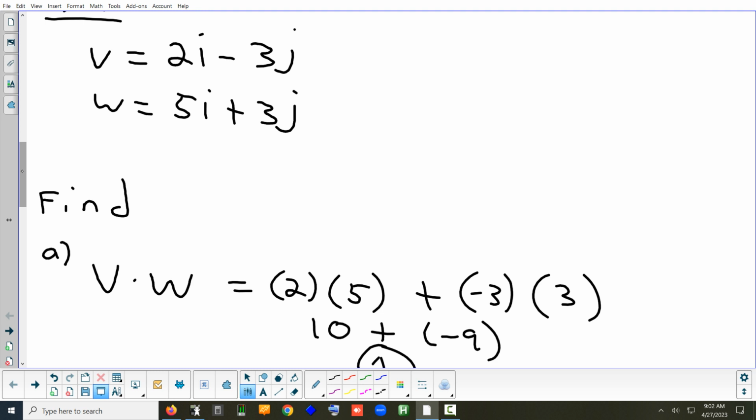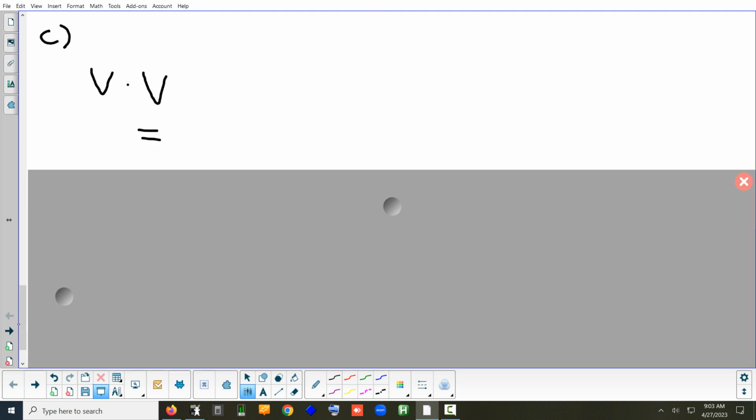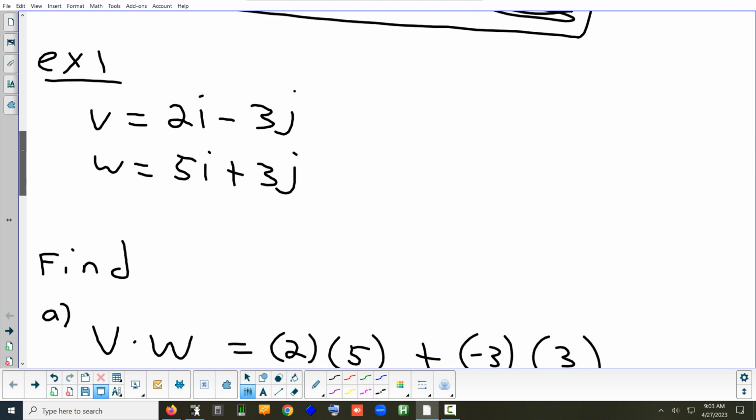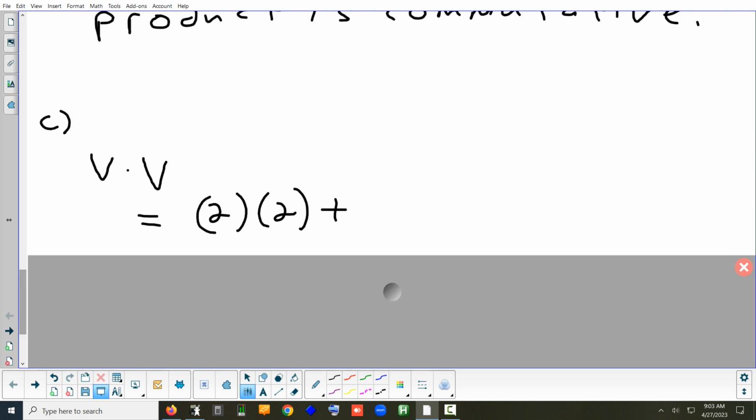So what am I going to write down to do the calculation for the dot product with V dot V? Would it be like 2 times 2 plus -3 times -3? Yep, -3 times -3.